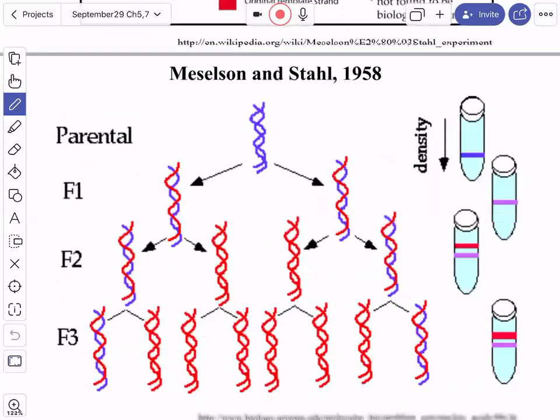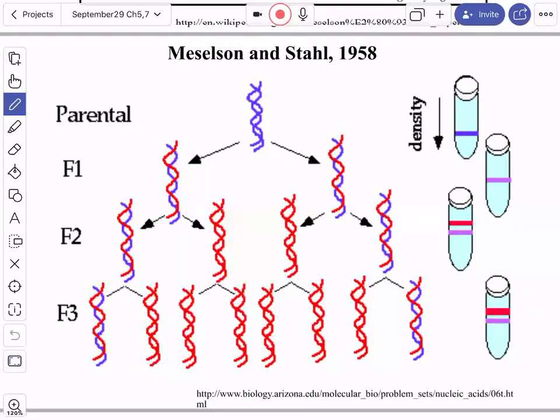So a very famous experiment, so I want to go through it a little bit more carefully. This has been called the most beautiful experiment in biology, because not only did it prove which of those 3 methods must be right, but it also disproved the other 2 methods and why they can't be right. All right, so Matthew Meselson, Franklin Stahl, 1958.